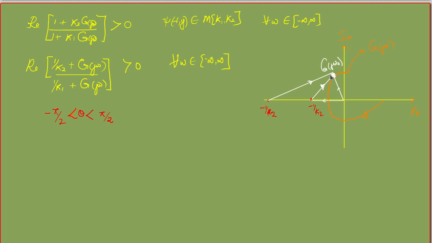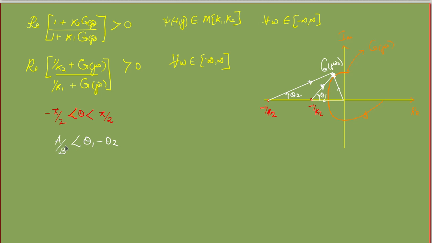This magnitude divided by this magnitude will give the magnitude of the whole system. Okay, so now what is the angle here? Let this be A, so this would be A divided by B, angle of theta 1 minus theta 2. So this is theta 1 and this is theta 2.